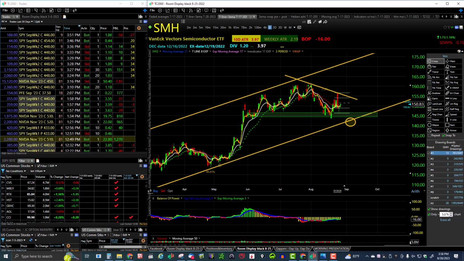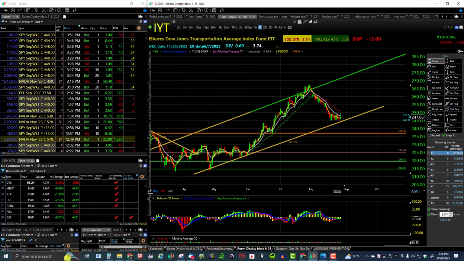Now let's take a look at IYT. There's your transports going up, went up too fast, comes back down just as fast. Now in a bear flag pattern, and the bear flag comes down, and you can see right here, we're getting a block of candles consolidating here.